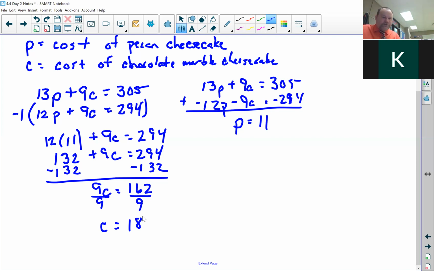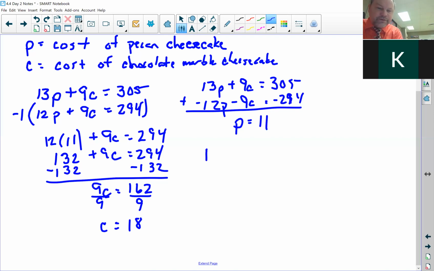Again, if you would like, you could double check by plugging into the first equation now to check that 11 and 18 are the correct solutions. I am going to choose not to. But then we should label our answers.